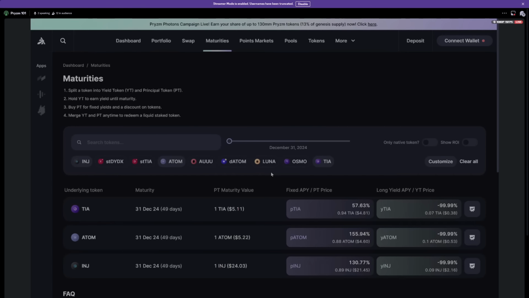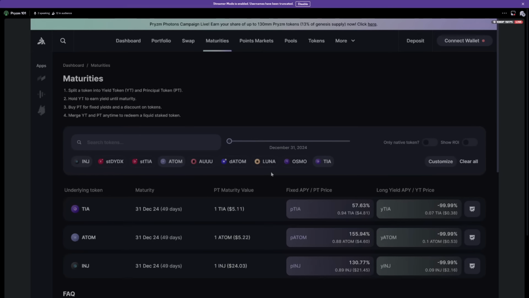If you liquid stake something on another project, you receive 1 token in return, which is a receipt token that says you've deposited 1 atom or 1 ETH, and that's being staked. And when you come to redeem your receipt token, we're going to give you back your 1 atom or your 1 ETH plus all the staking rewards that your token has earned in the meantime.